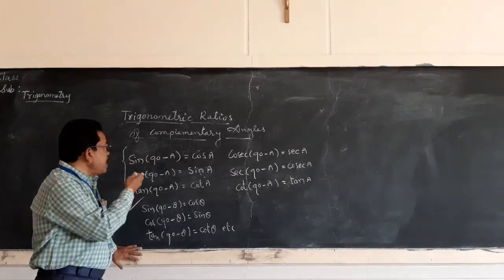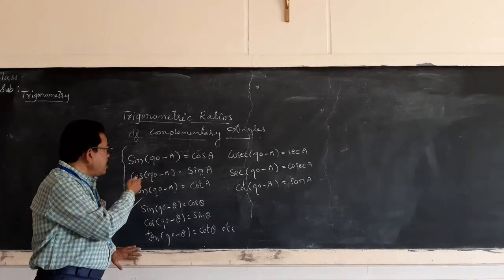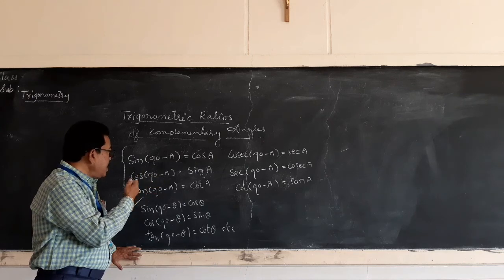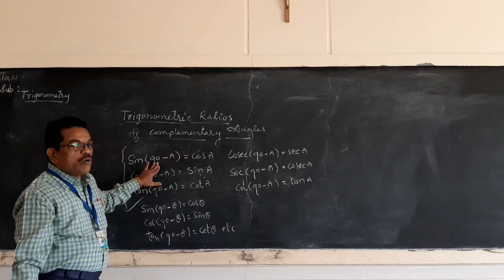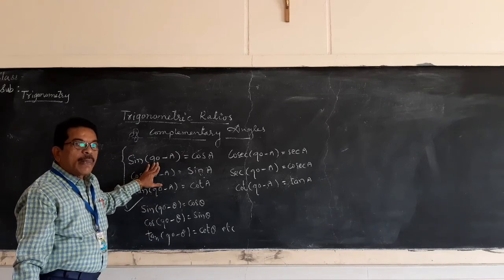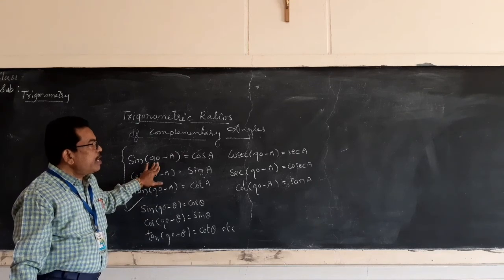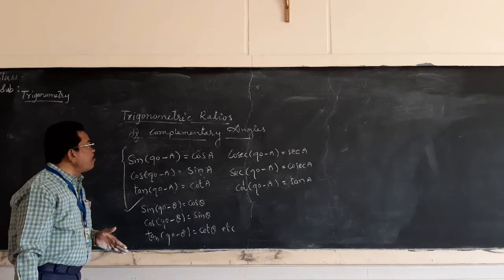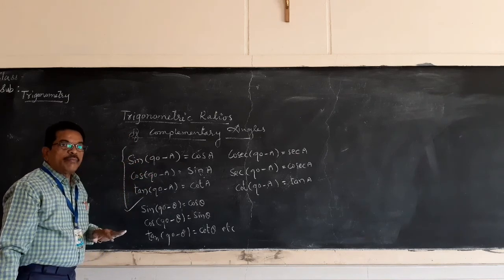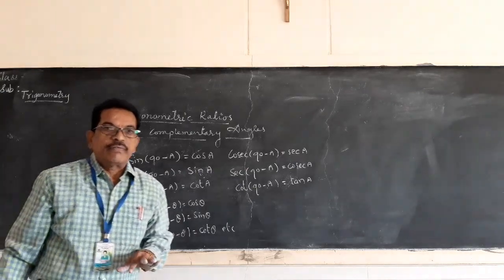This one is sin of 90 minus A is cos A, cos of 90 minus A is sin A, tan of 90 minus A is cot A. Utilizing these principles, we have to solve exercise 11.3. Okay. Now write down neatly all these trigonometric ratios of the complementary angles.